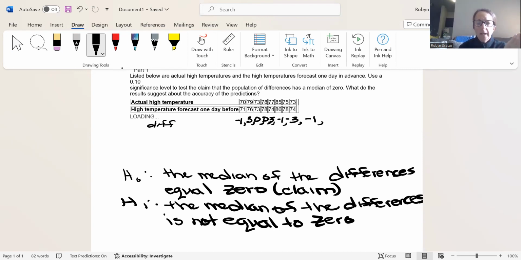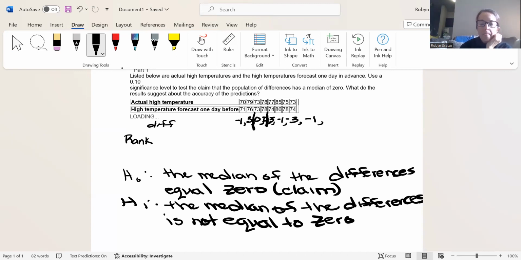At this point, we rank, but you only rank the values where the difference is not 0. So these two values right here in the center are not going to be part of our ranking. We're just going to rank the 1s and the 3s. What's interesting here is that we really have to pay attention.